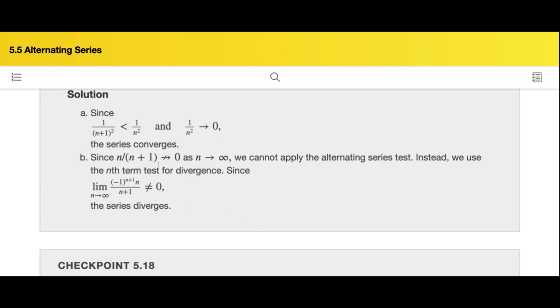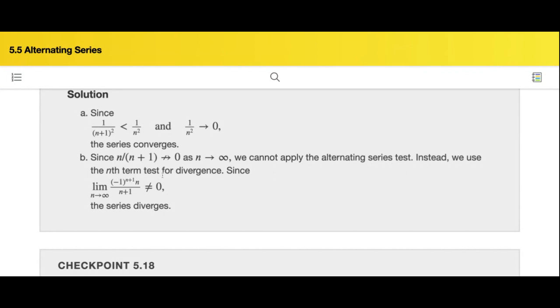Since n over n plus 1 is not approaching 0 as n approaches infinity, the second condition is not satisfied, right? The limit of this approaches 1 when n approaches infinity, so it's not 0. The second condition is not satisfied, so we cannot apply the alternating series test.